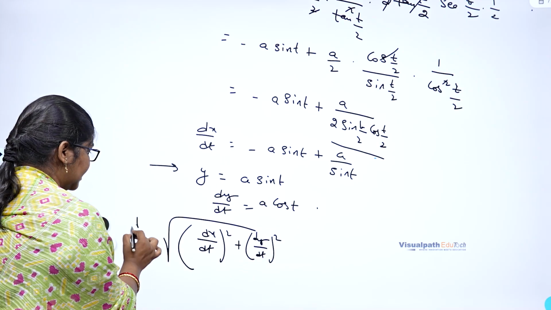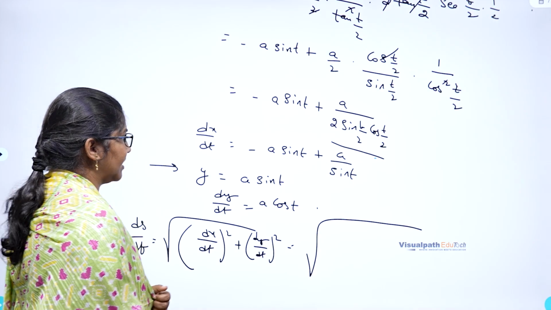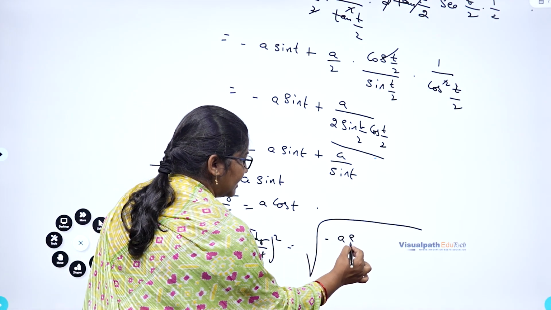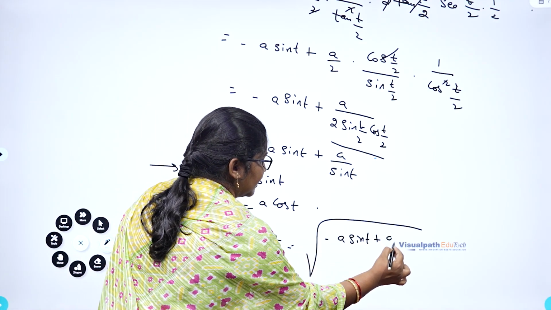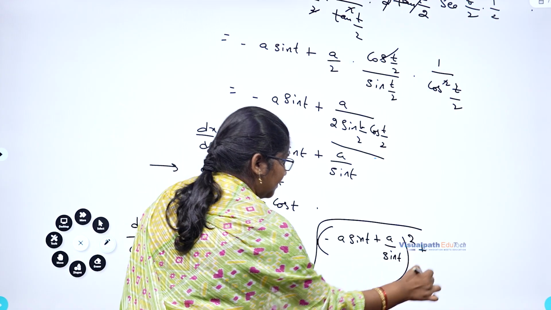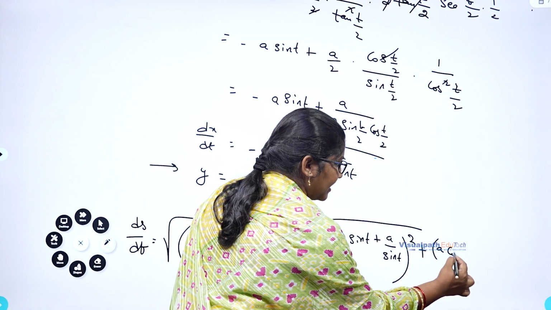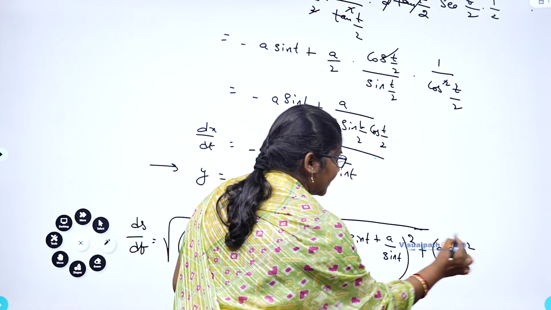Why? Because this is ds/dt. (dx/dt)² is (minus a sin t plus a by sin t)², plus (dy/dt)², (a cos t)².